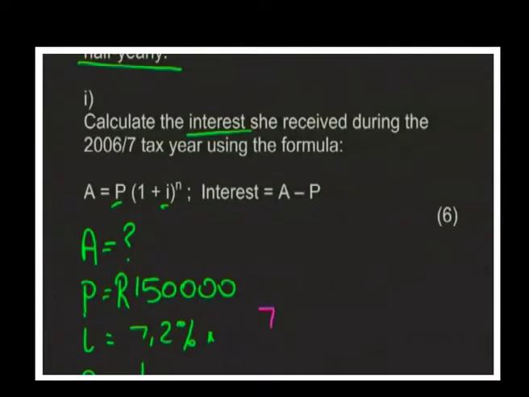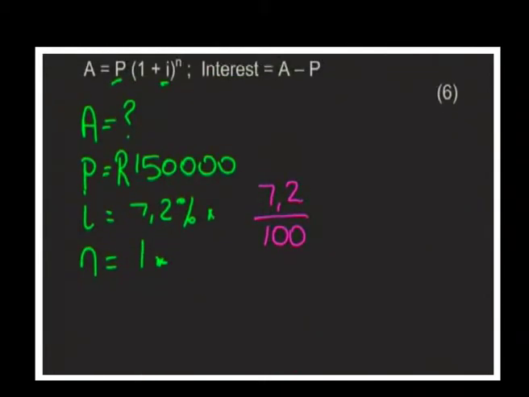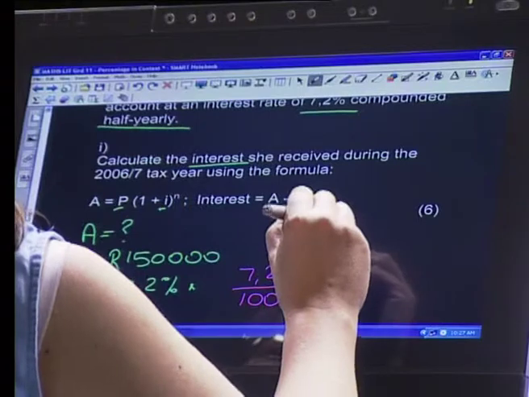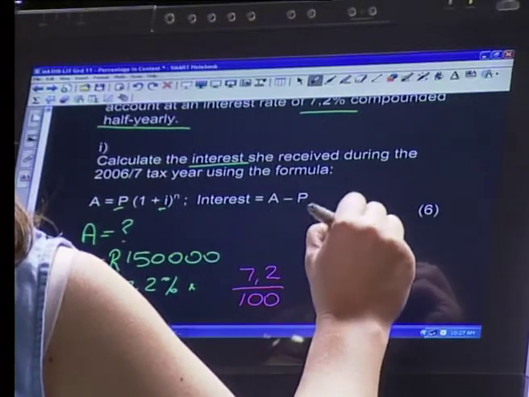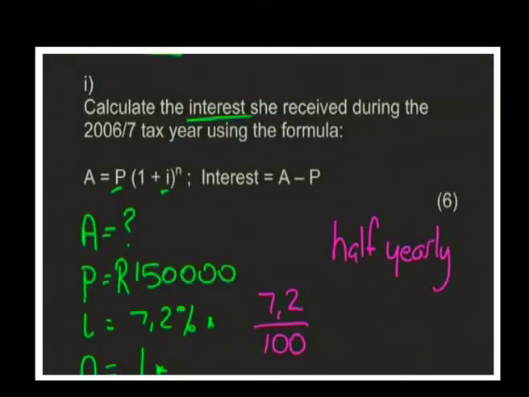So it's 7.2%, which I can write as 7.2 over 100. Compounded half yearly means that it is compounded twice a year. So it's 7.2% for the entire year. I want to know how much it is every time it is compounded. So compounded half yearly basically means that we've got twice a year.